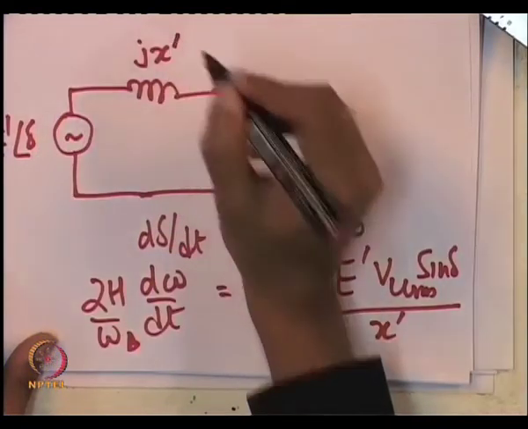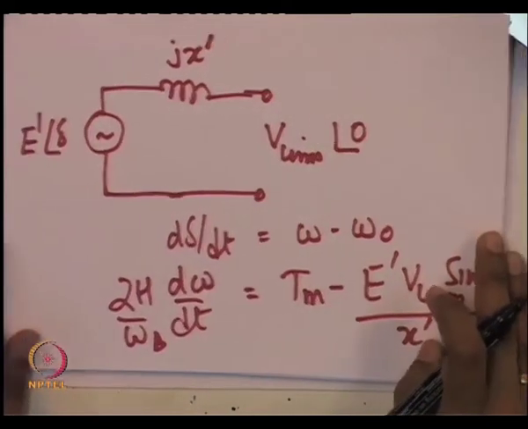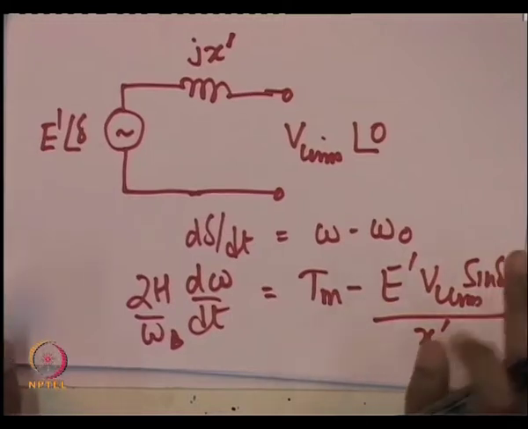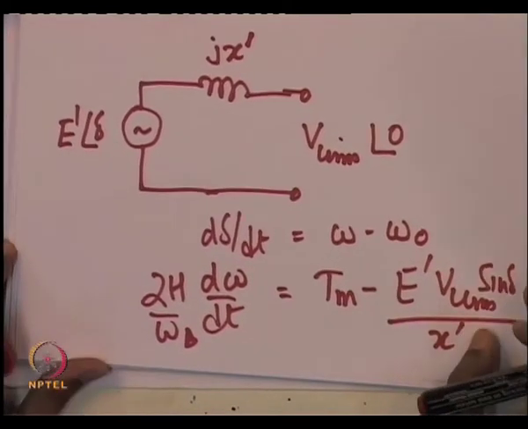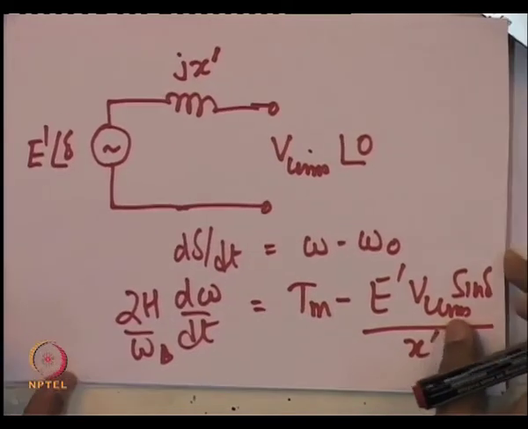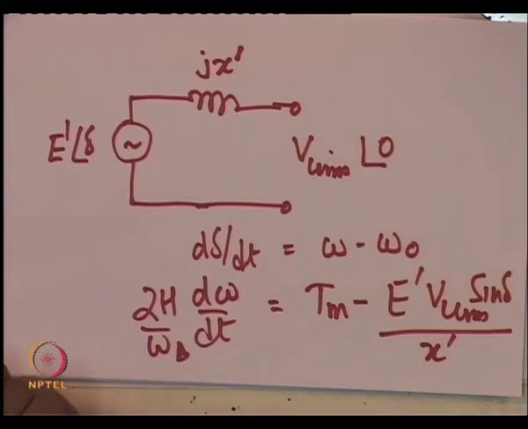So, just have a look at this classical model again. This should have been x dash here. These are the differential equations. This is the classical model, which is okay for theoretical studies. But please do not use it for practical studies, because it will probably give you wrong quantitative answers, in the sense of highly imprecise answers.